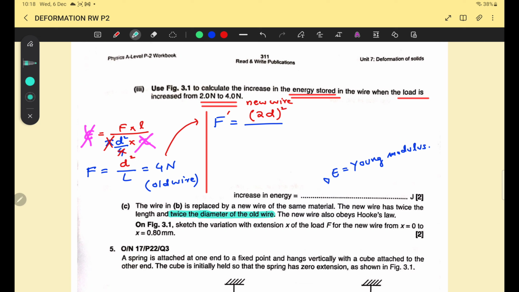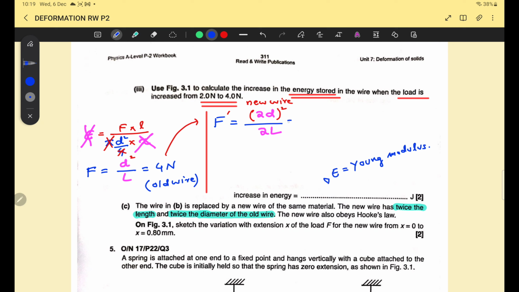Number one. Number two, the length is twice. So length is doubled as well as diameter is doubled.